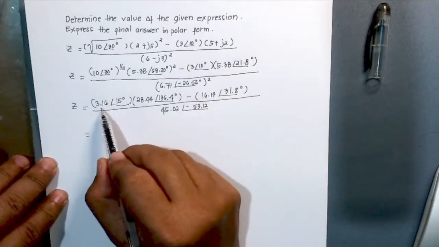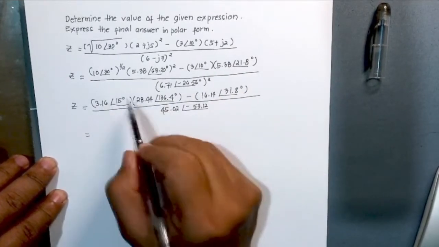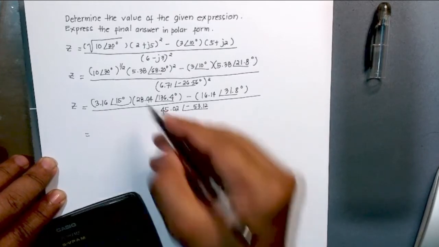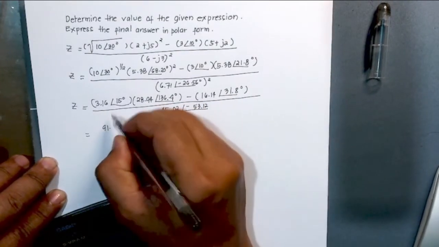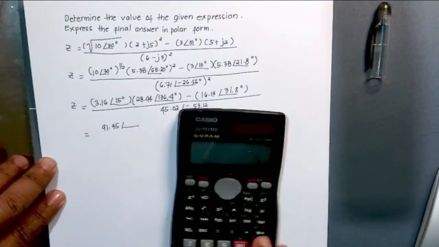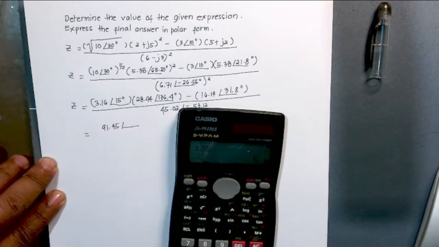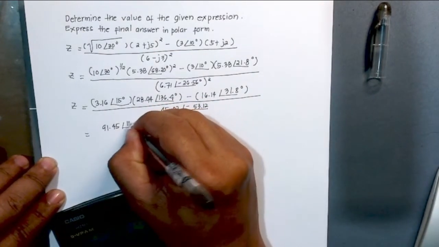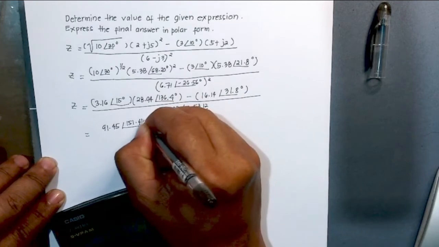So again, we have here two polar forms, so we multiply the outside terms, 3.16 times 28.94 will give us 91.45, and then we add the angles, so 136.4 plus 15 will give us 151.4 degrees.